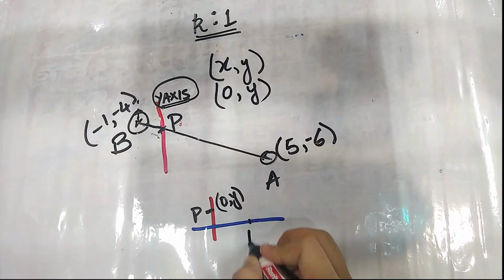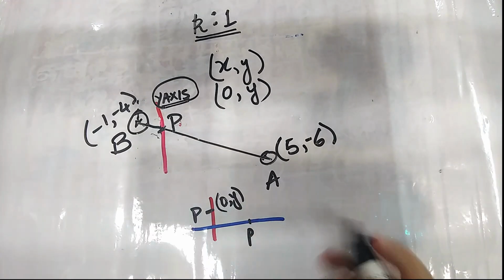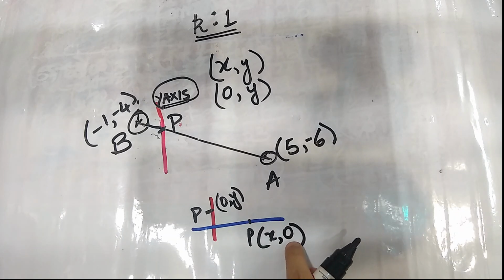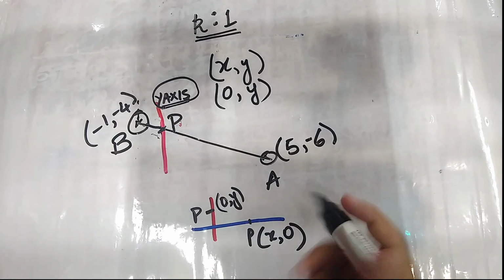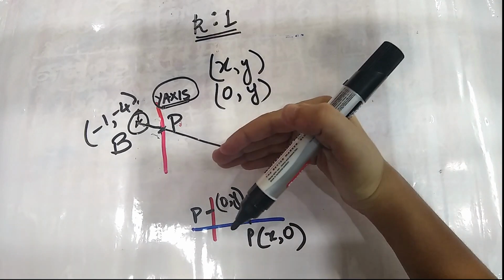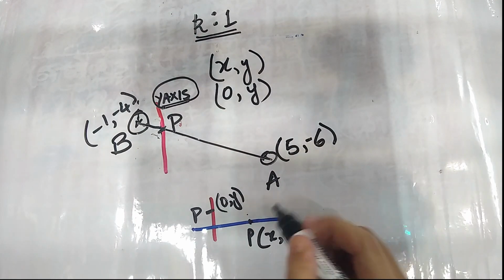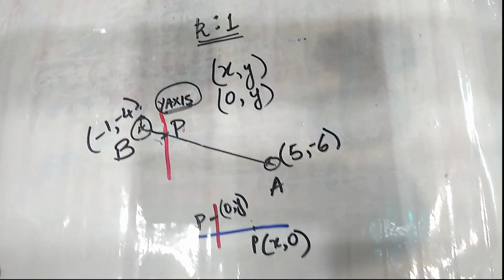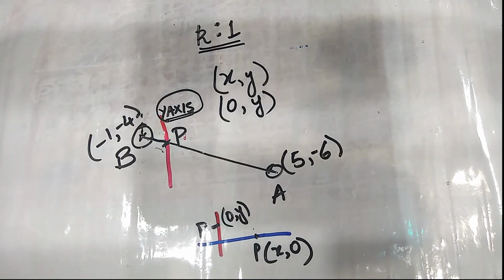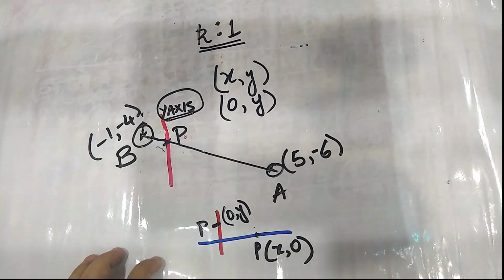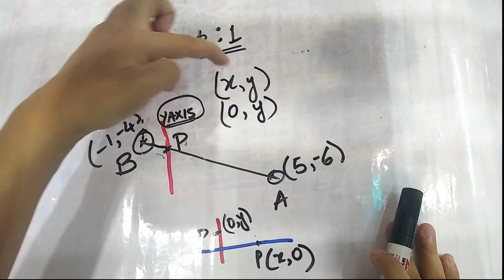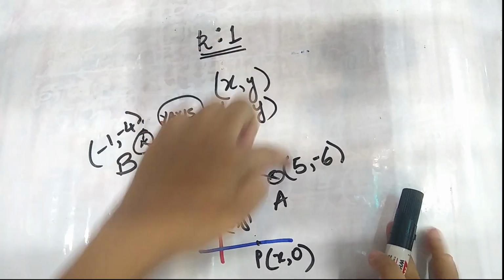And if there is a point lying on the x-axis, then the coordinate will be x comma 0, which means this 0 is for the y, because it is lying on this line and there is only an x coordinate. And here, because it is lying only on the y-axis, there is only a y coordinate. That is why we use this logic and place it here. The x comma y now becomes 0 comma y.